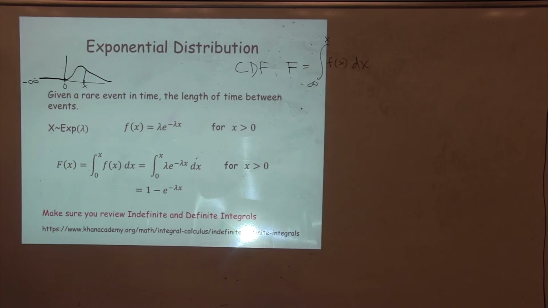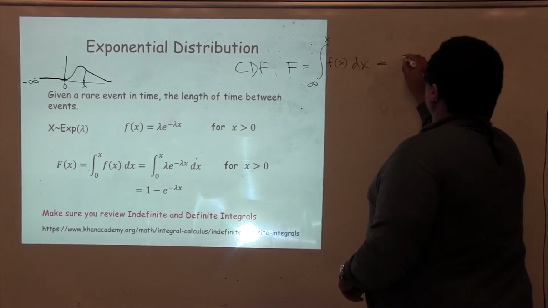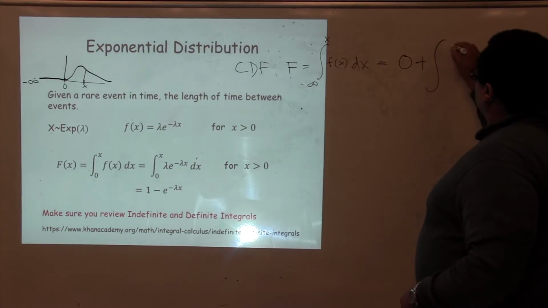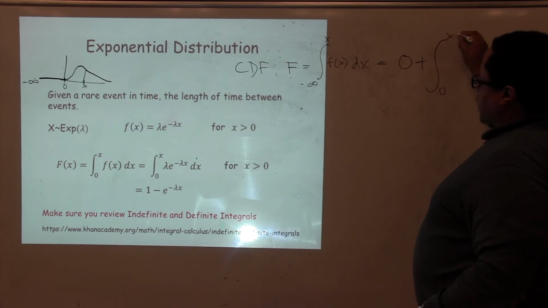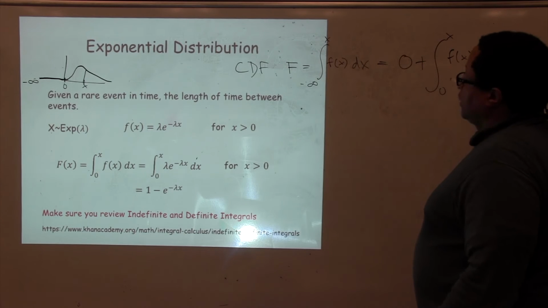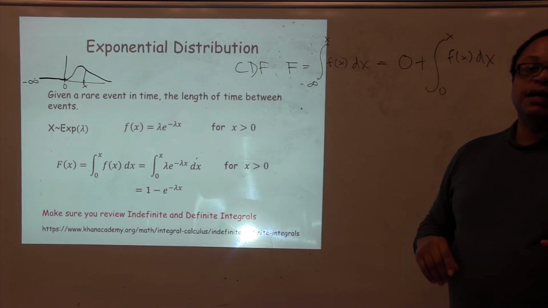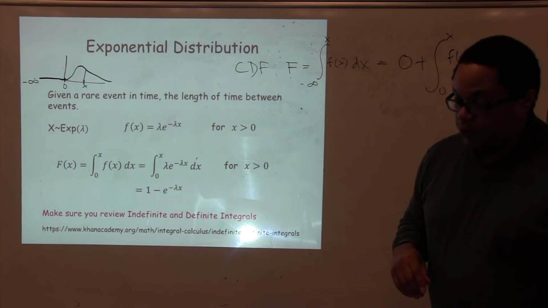And because it's 0 everywhere up to and before, including the 0, we just rewrite that expression for the CDF as being equal to 0 plus the integral from 0 to x of f of x dx, where for this f of x, we're going to substitute in the density function for the exponential distribution.